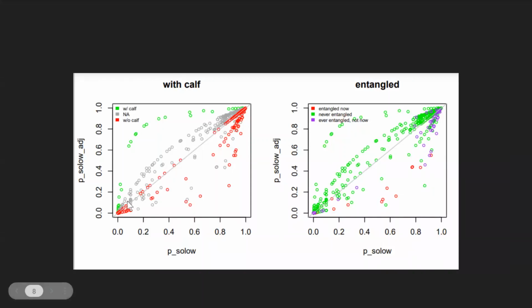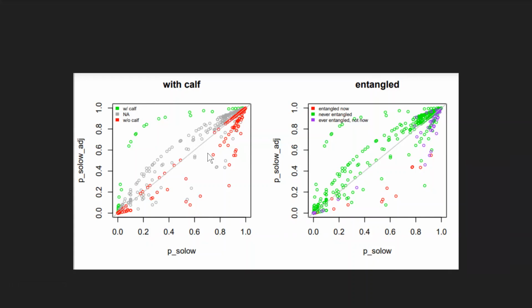For whales that have been seen with a calf, after we adjusted with our model, they had a much higher probability of being alive, denoted by these green data points here. And whales that were seen without a calf were affected negatively, or their probabilities went down after our model adjusted those numbers. So you can see these trends and how it affected these different whales, which we thought was interesting to note.